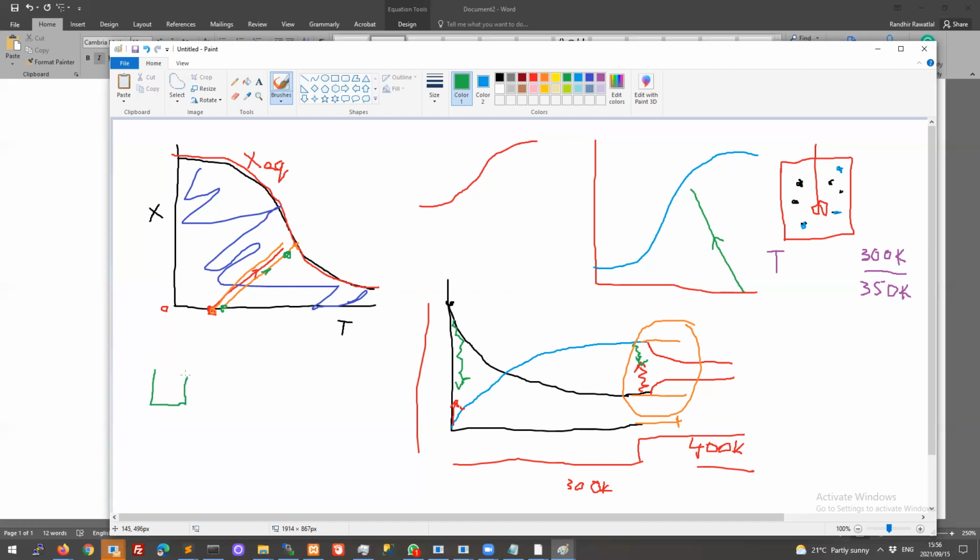For a CSTR, we can move along that line simply by creating different sizes of the CSTR. The bigger you make the CSTR, the greater will be the space-time and the greater will be the conversion. So as you make the CSTR bigger and bigger, it moves up this line.